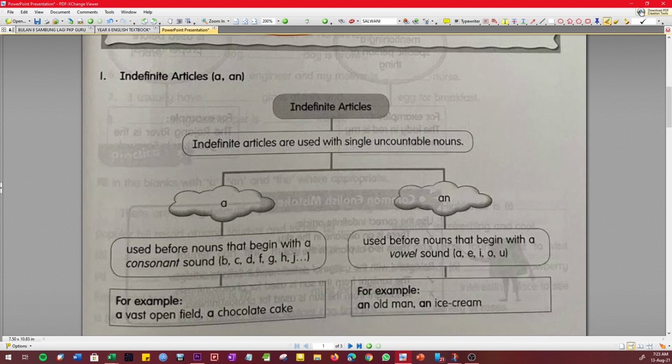So, indefinite articles are used with single countable nouns. The keyword here is single. Single means one. One.